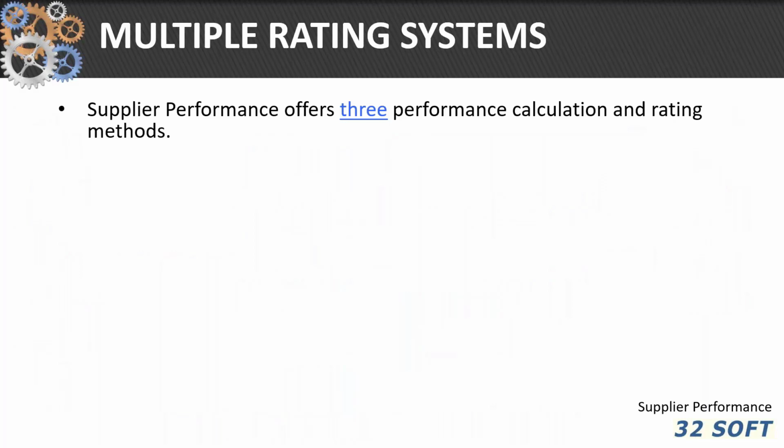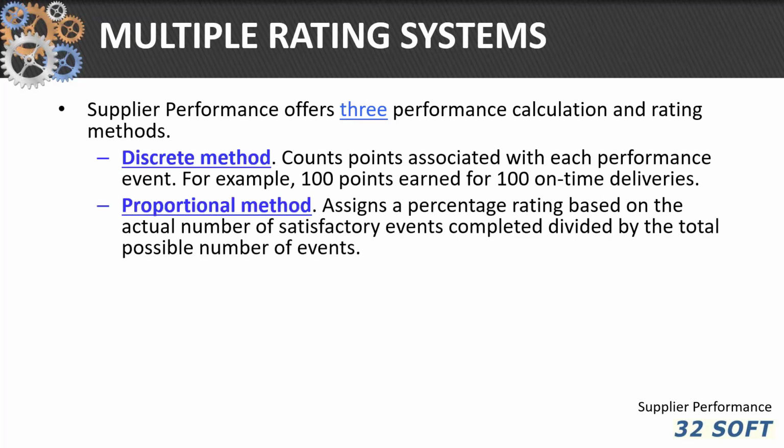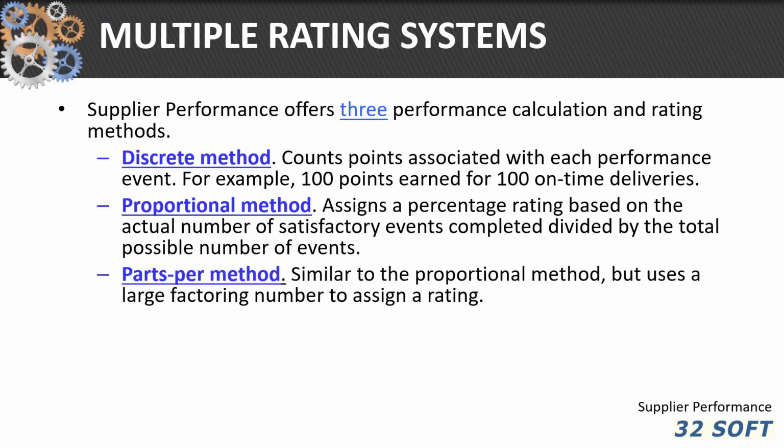There's multiple rating systems. Supplier Performance offers 3 performance calculations. There's a discrete calculation, which counts the number of records. There's a proportional method, which assigns a percentage rated based on your setup.